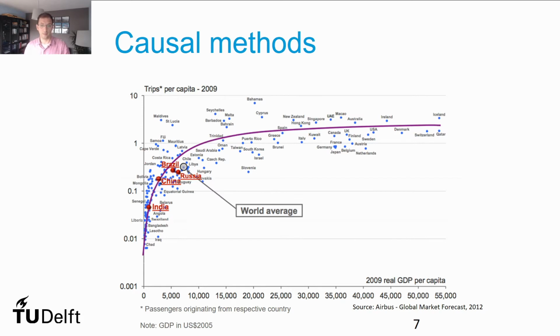This is a not so recent graphic, but it is still very evident from this graph that there is indeed a relation between the GDP per capita of several countries and the amount of trips generated in those countries.